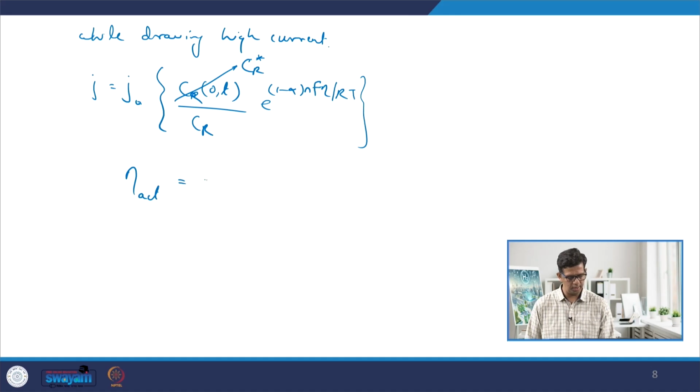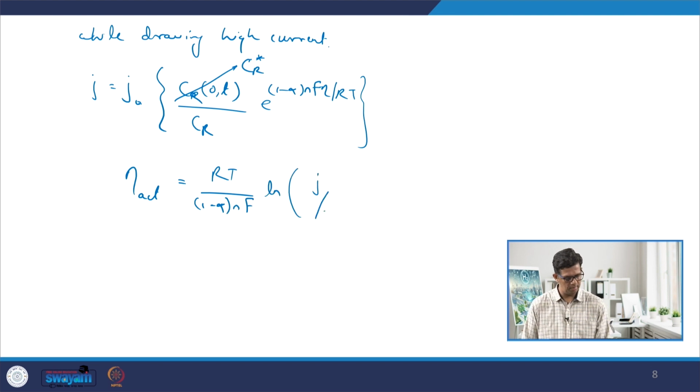So we can write the activation overpotential as RT by 1 minus alpha times NF ln of J by J naught, and this activation overpotential can also be written in terms of the concentration of the species.